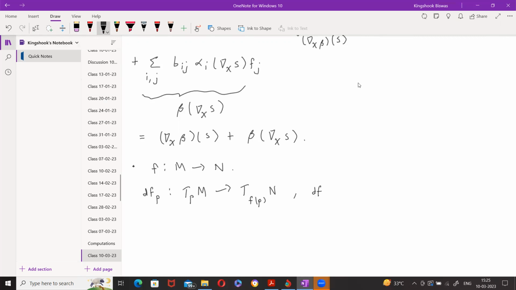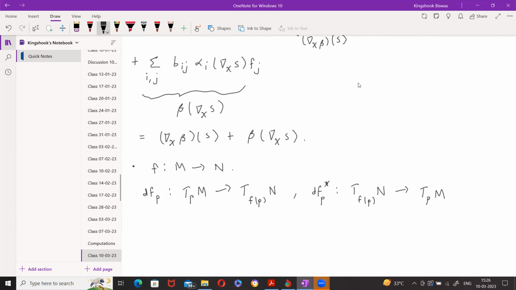It's a map between inner product spaces. So the adjoint DF_P star goes from T_F(P) N to, sorry, I'm taking inner product spaces, so I won't have the stars. So I'll have, yeah, from T_F(P) N to T_P M. It just goes in the opposite direction.